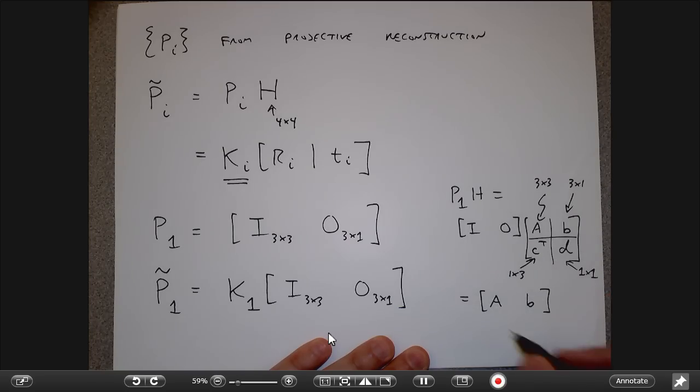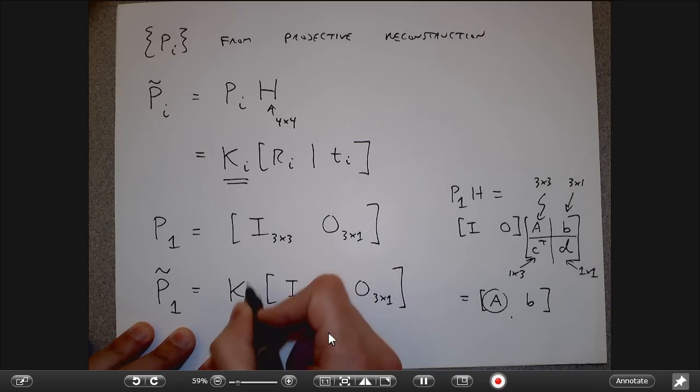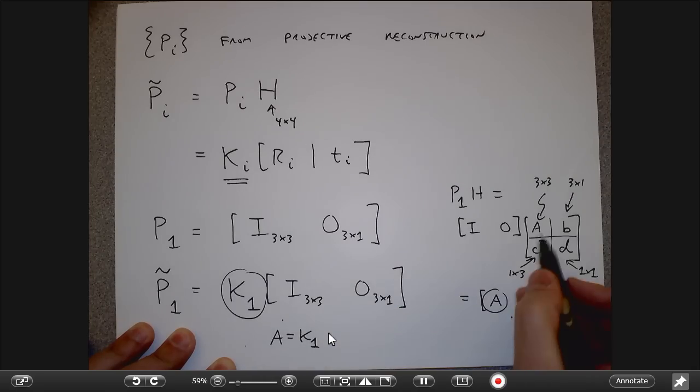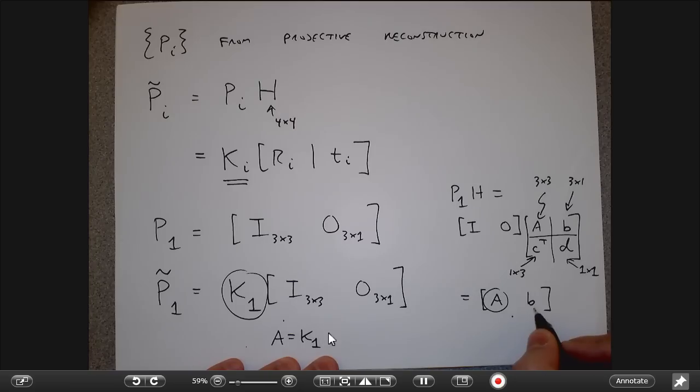So now I compare this to this, and that tells me that this A has to be the same as this K. So I can already remove some degrees of freedom, because this A, which used to be a 3x3 matrix, is now going to be a camera calibration matrix, which really only has 4 or 5 non-zero elements. And comparing this to this, that means B has to be 0. So I've already removed a whole bunch of degrees of freedom with this normalization, saying the first camera has to be in a fixed position.